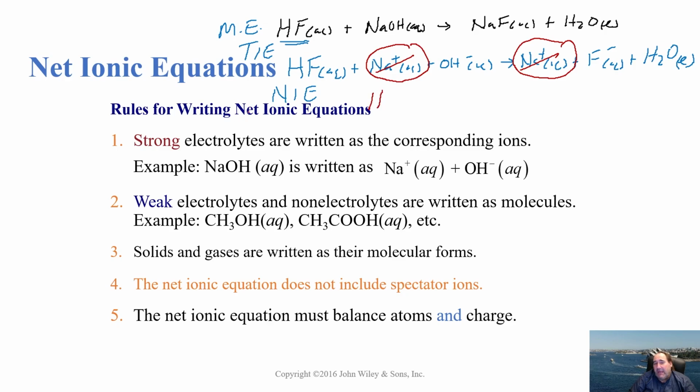It would leave us HF plus hydroxide gives us F- and our water. So the difference here is when you do get a weak electrolyte involved in this type of reaction, you probably will only have one spectator ion.